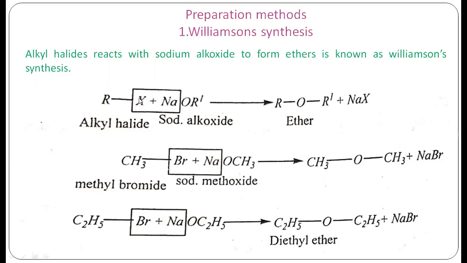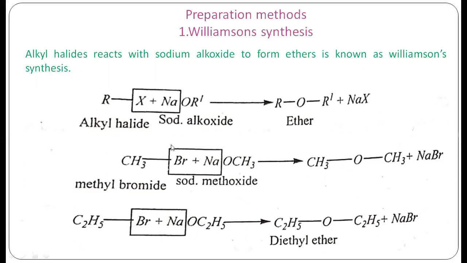From the alkyl halide, the halogen is eliminated as X minus. From sodium alkoxide, sodium is eliminated as Na plus. So Na plus and X minus are eliminated as sodium halide. There is a bond formation between R plus and OR minus, and then ether formation takes place. This is the ether. For examples of Williamson's synthesis, the first example is methyl bromide reacting with sodium methoxide.